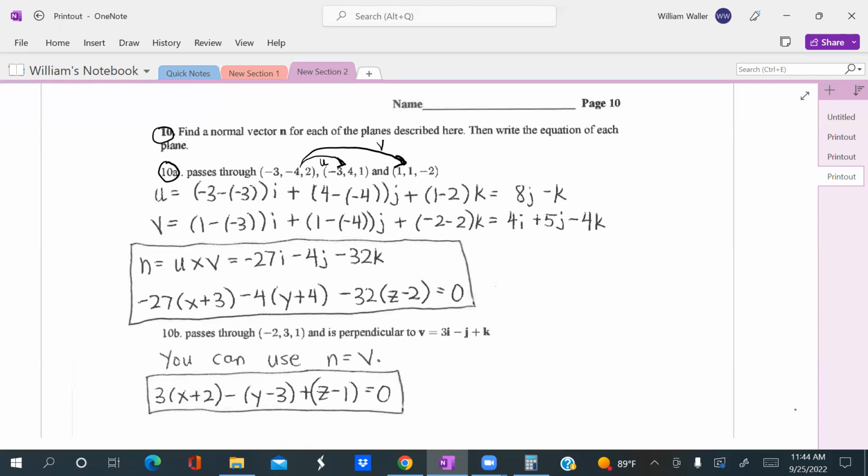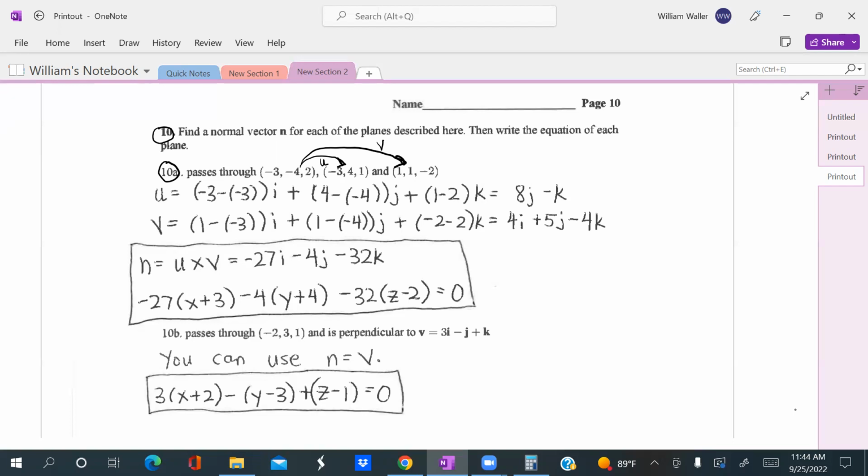So these 2 vectors are not orthogonal to the plane. These 2 vectors actually fall in the plane, right? Because they're connecting points that are contained in the plane. So these vectors are actually parallel to the plane because they actually fall in the plane itself that's being described here. But we want a vector that's perpendicular to the plane.